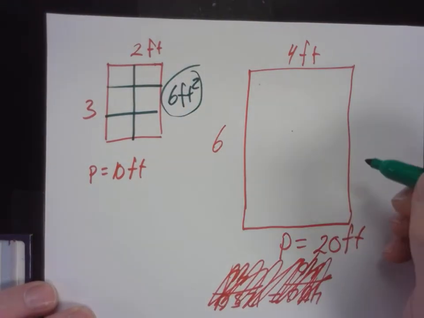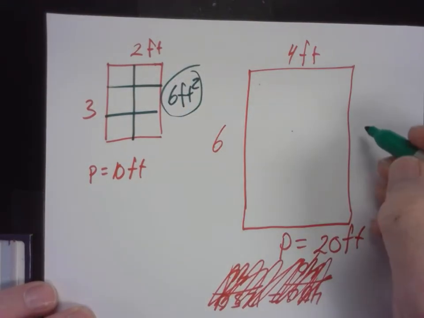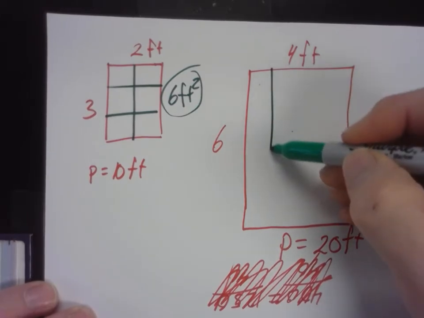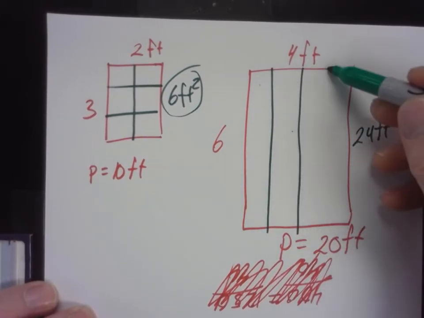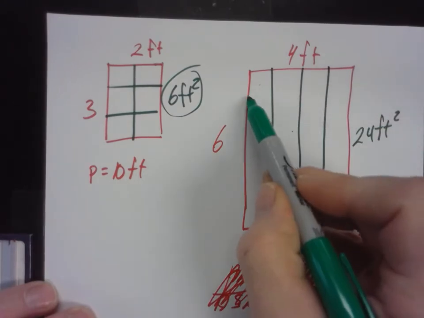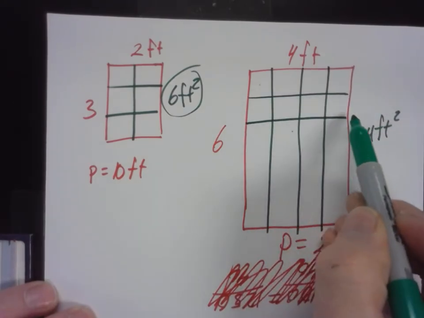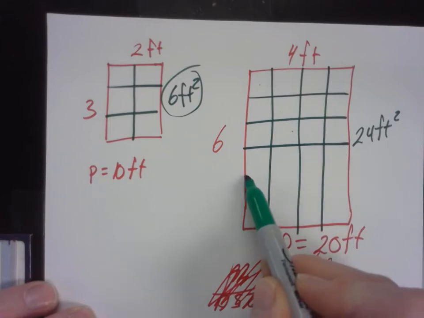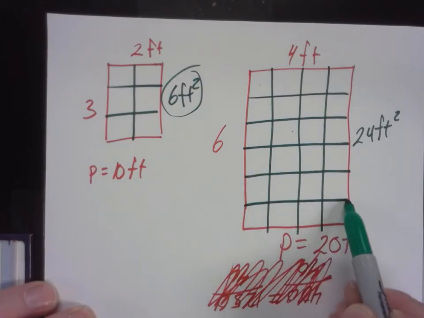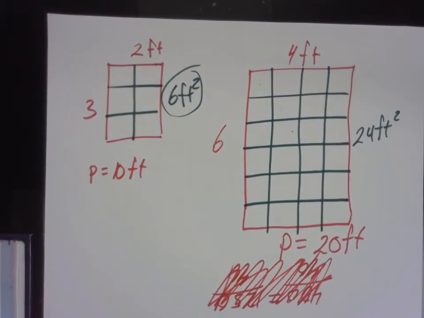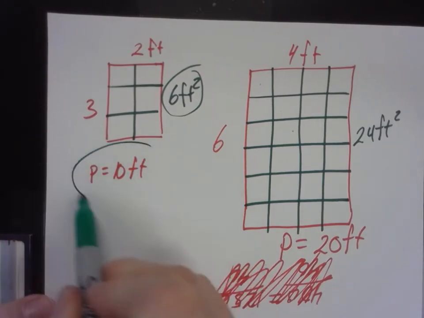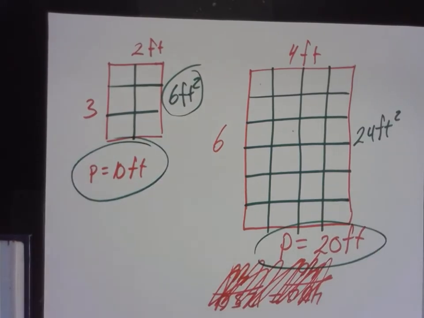What do we have for an area here? 24 square feet. So the perimeters are proportional with the lengths of the sides. As the sides change, the perimeter changes. What about the areas?